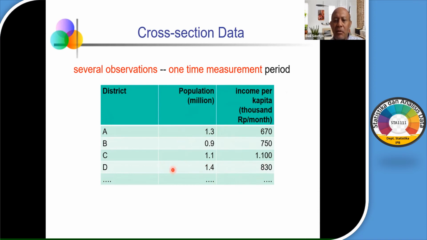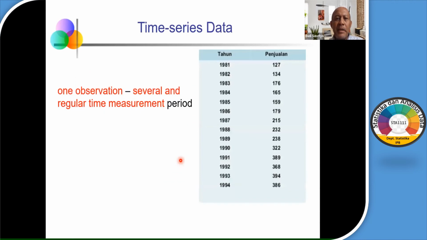This is cross-sectional data. But if I observe one observation over several regular times, for example, how many cars sold in 1981, 1982, and so on, this is time series data.